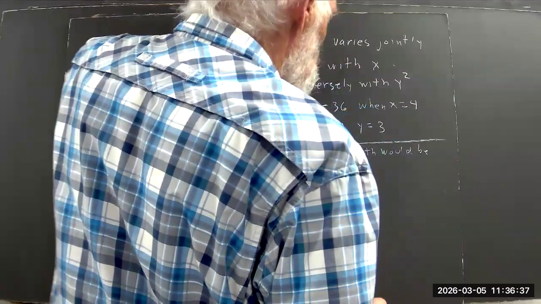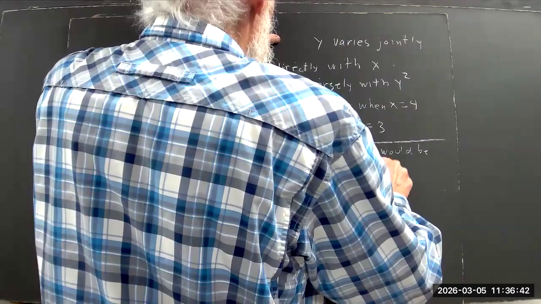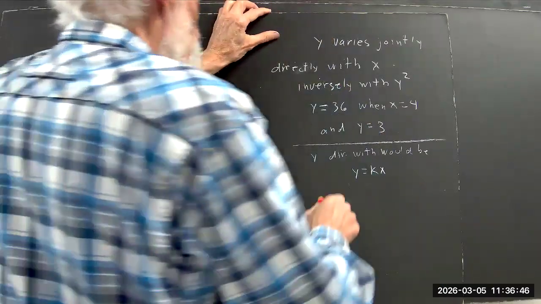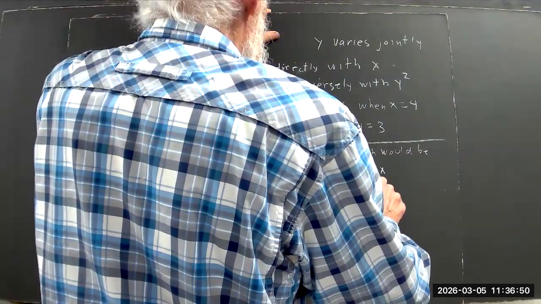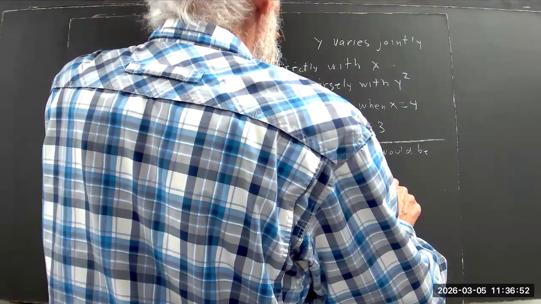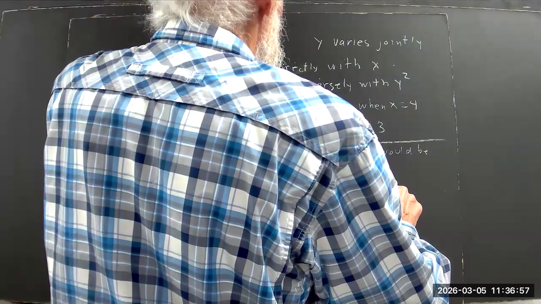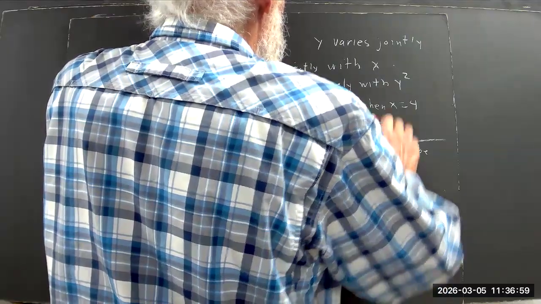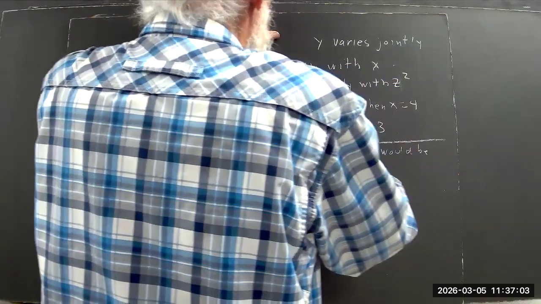They simply have to know what directly means. Y directly with x would be the one that everybody's familiar with. That would be y equals kx. And I said y varies inversely with y squared. It should be z squared.